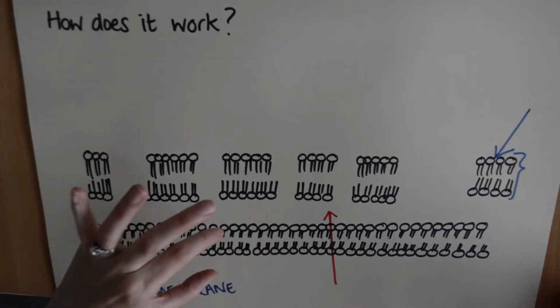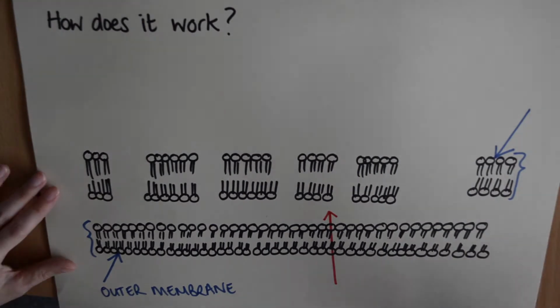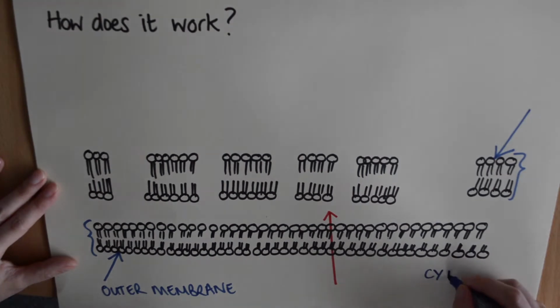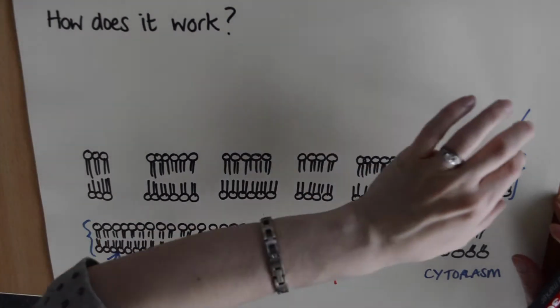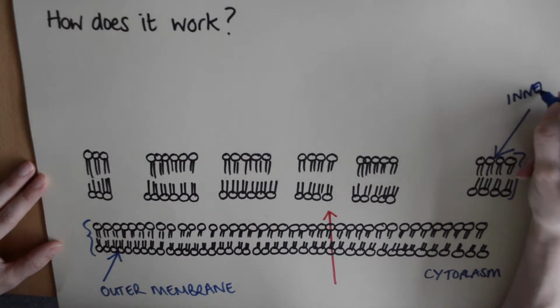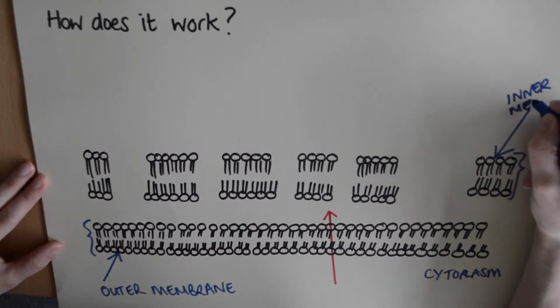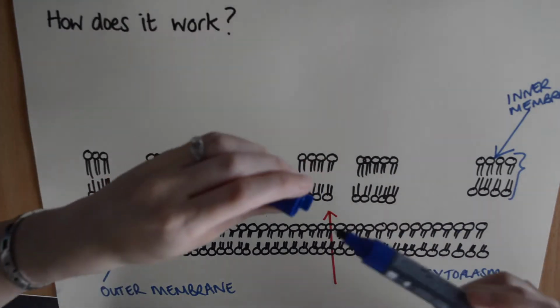Okay, so that is a phospholipid bilayer making up there the outer membrane. So out here will be the cytoplasm of the cell. To the inside, here is our inner mitochondrial membrane, and again you can see it's made up of a layer of phospholipids.